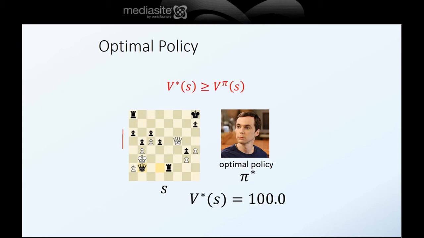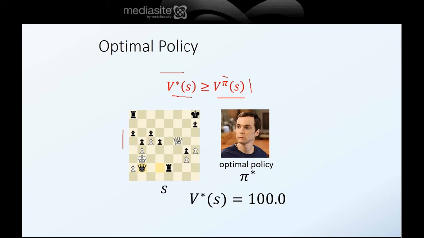And now it makes sense to realize that V star S is always greater than or equal to V pi S. So if you play a policy pi, then the value of the state that you get will always be less than the optimal value of the state when the optimal policy is being played. So this is an important intuitive equation.